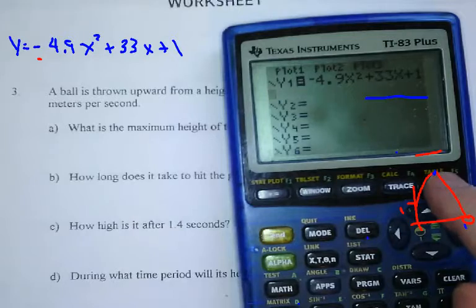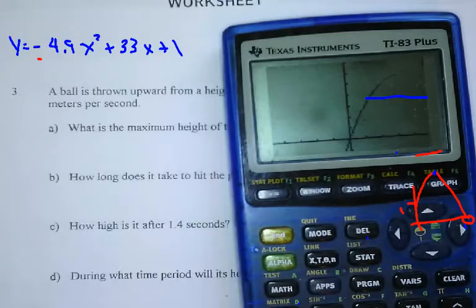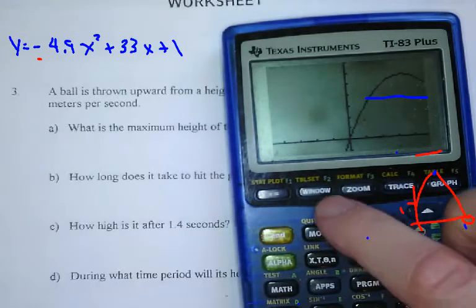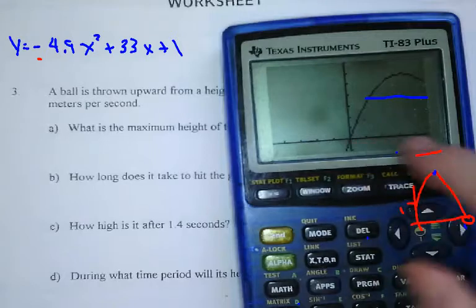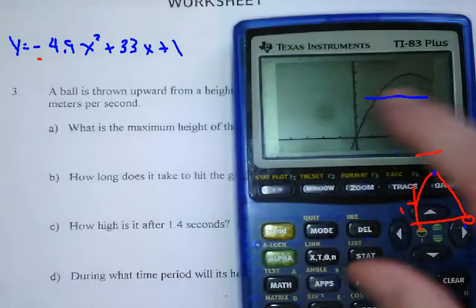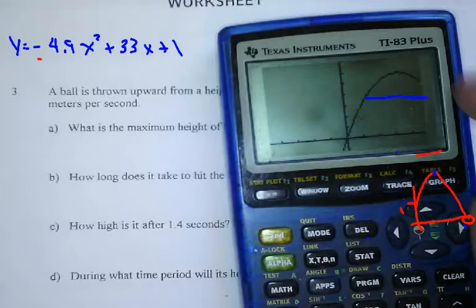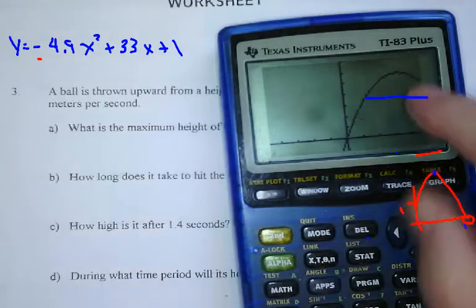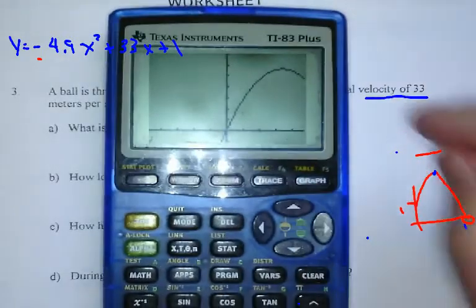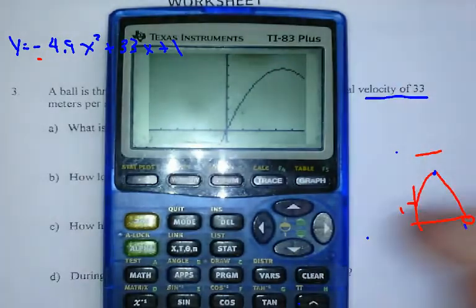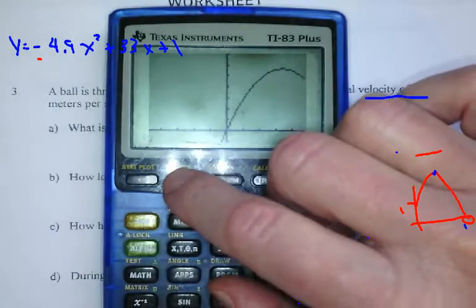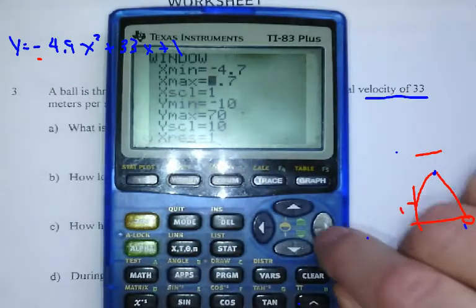Graph. And let's see if we can see something. Oh, we can. Okay, so now my window's not wide enough to see the whole thing. I can see the vertex, but I can't see the other x-intercept, which is over here somewhere. So I need to make it wider. I'm going to come over here and make this wider.